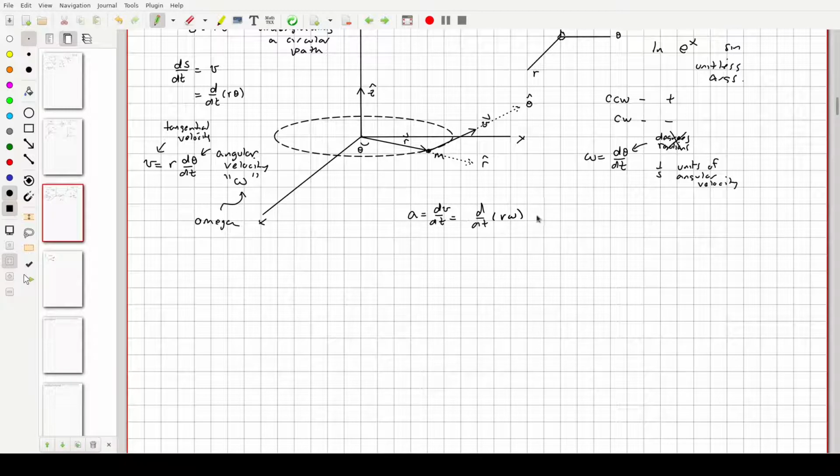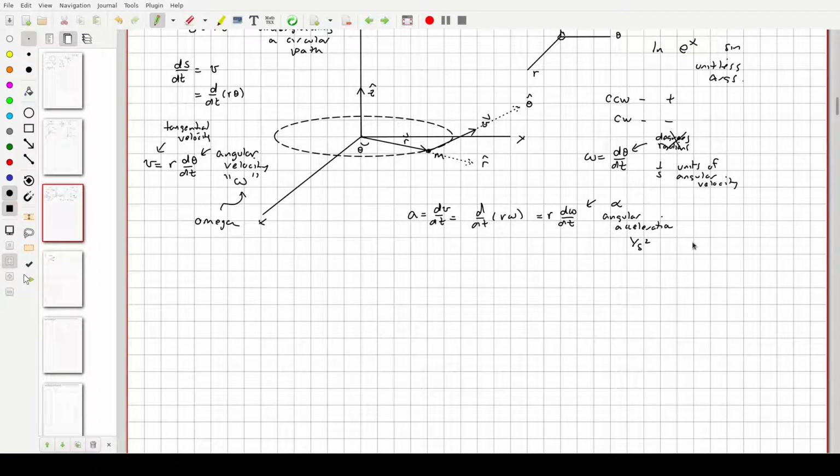This would be r times the derivative of the angular velocity with respect to time, or d omega dt. And sure enough, that's an acceleration. We call this alpha. It's angular acceleration. Okay, and it's measured in radians, or 1 over seconds squared.